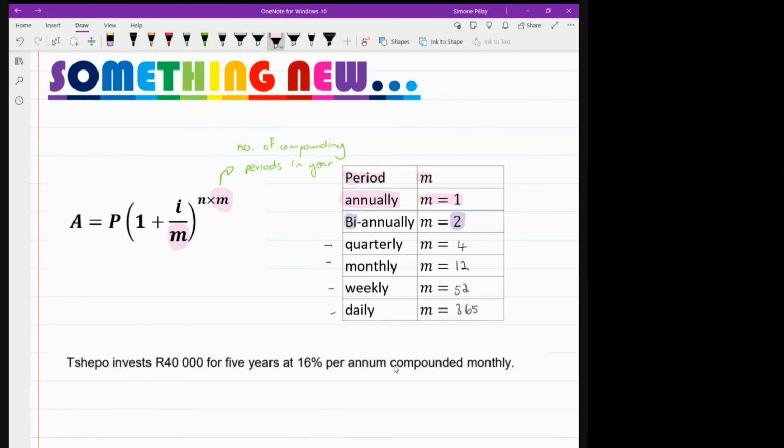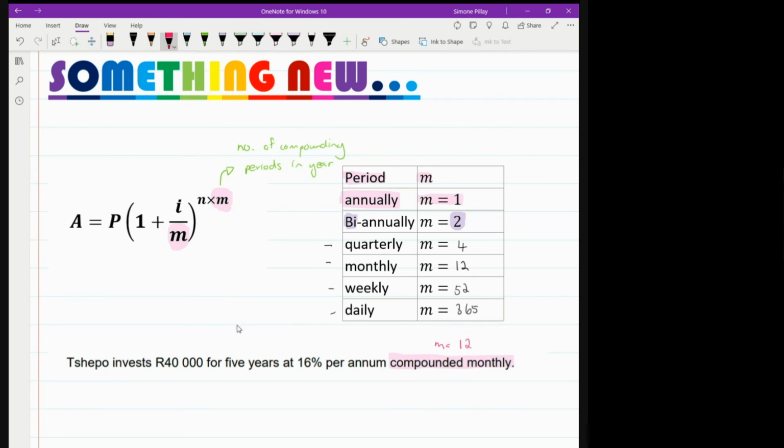They've told me here that my interest is compounded monthly. So if interest is compounded monthly, that means there are 12 compounding periods in 1 year. So because there are 12 compounding periods, I'm going to insert 12 in place of m in my equation.